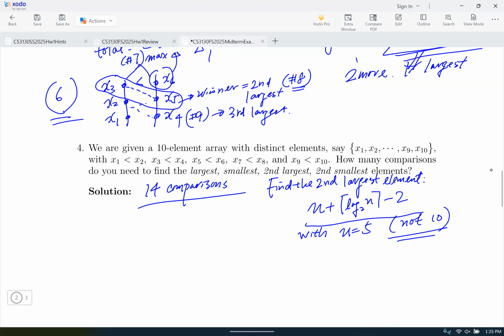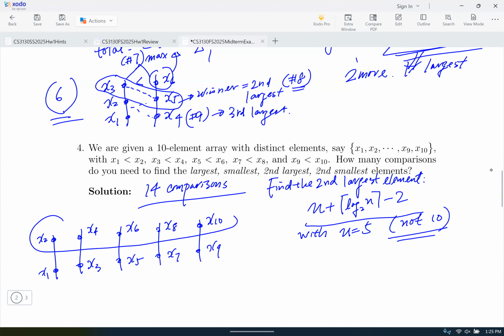Why 5? We have 2 groups. Remember, winners group and losers group. So you split x2, x1, x4, x3, x6, x5, x8, x7, x10, x9.